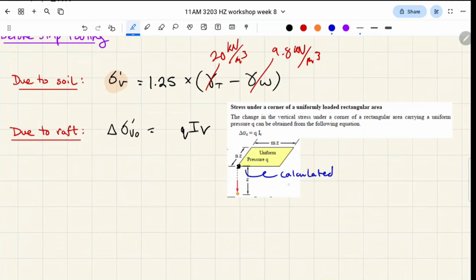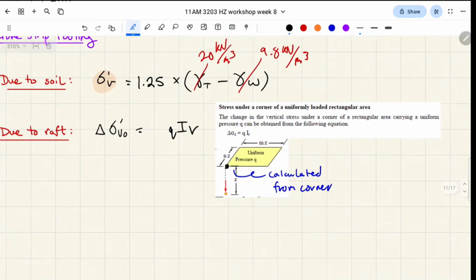Calculated from corner. However, if we look at our loading case, our sample point isn't from the corner. This is from the center of the edge.